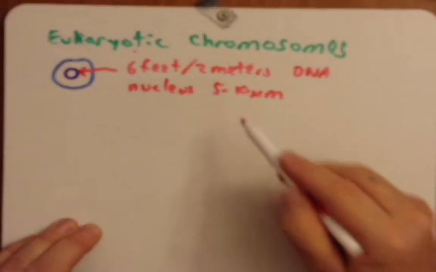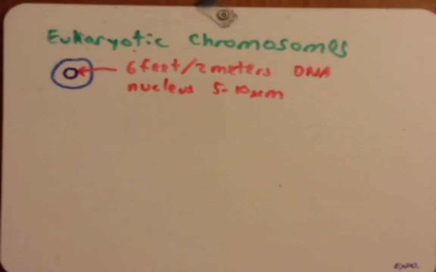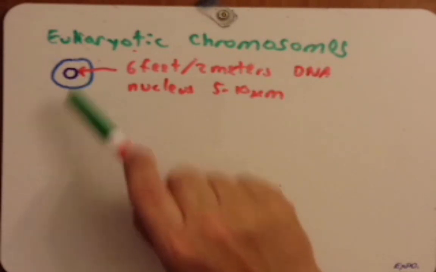The smallest chromosome has to fit into this 5 to 10 micrometer space, and it's 14,000 times the size of it. And that's just the smallest chromosome. In humans, we have 45 other chromosomes to contend with. And all of that has to be shoved in here.